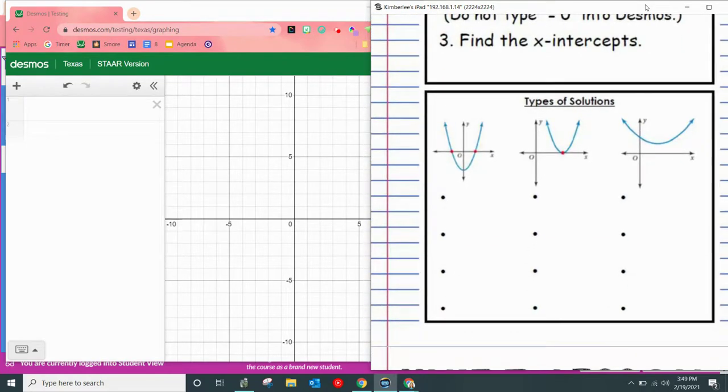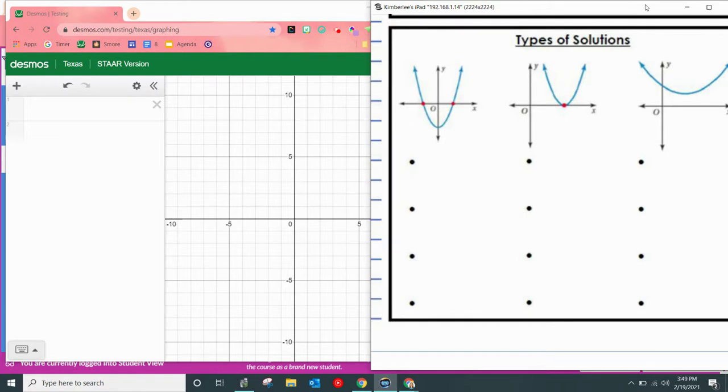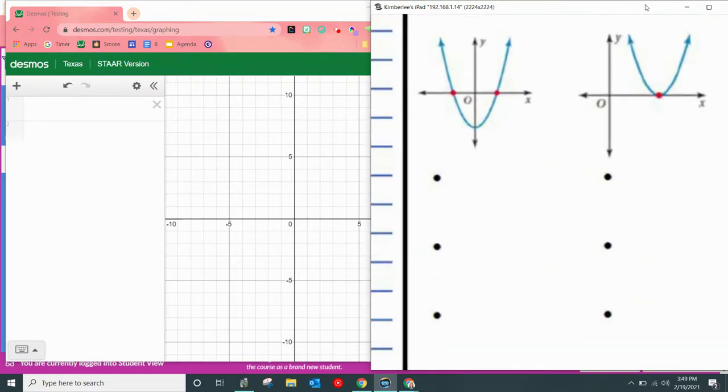So when you're graphing these things, they might look like this. Here's some options here. So we're going to go over a little bit of vocabulary words. The first thing to remember is that where our graph crosses the x-axis, these little points right here and here, those are your x-intercepts, right?